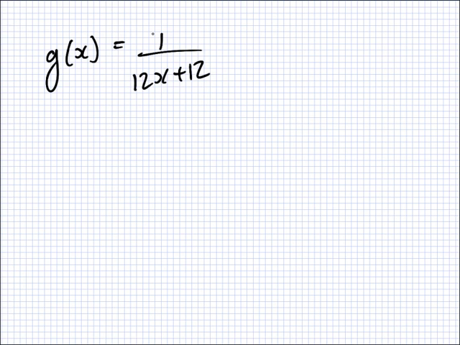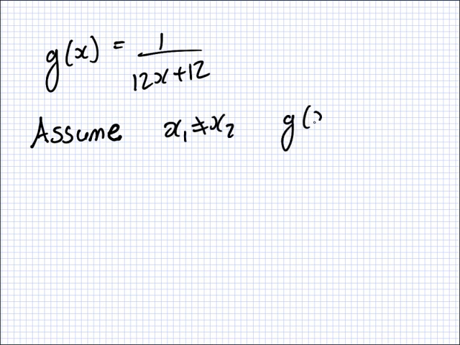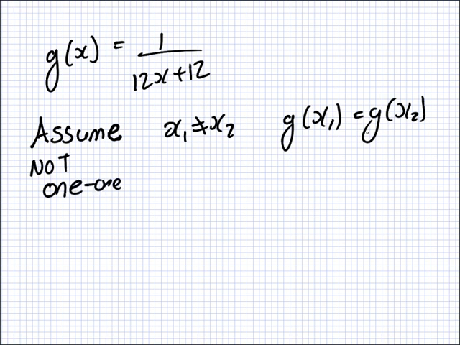Now, if we want to check, this is how we can check. You assume that if x1 doesn't equal x2, then you could find g(x1) equals g(x2). So assume that it's not one-to-one, assume it's many-to-one. Let's see what happens. 1 over 12x1 plus 12 equals 1 over 12x2 plus 12.